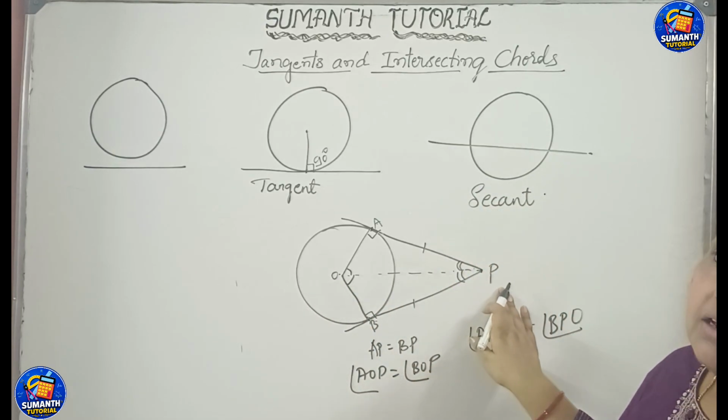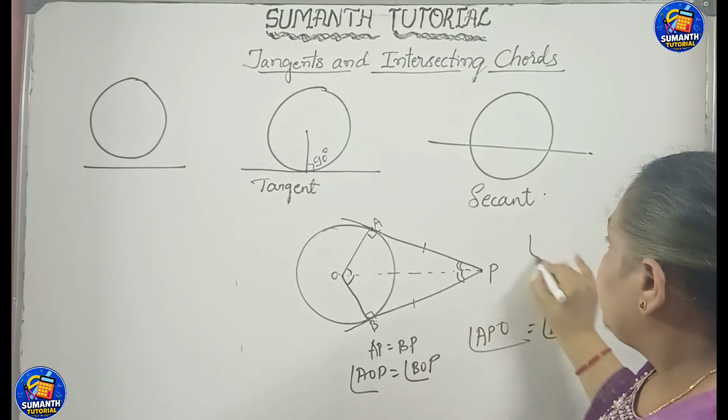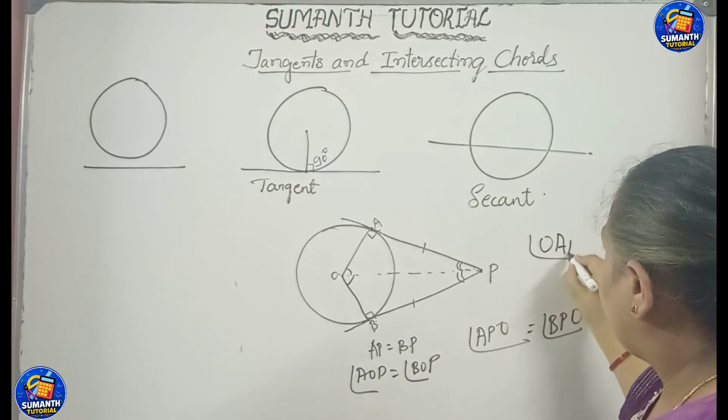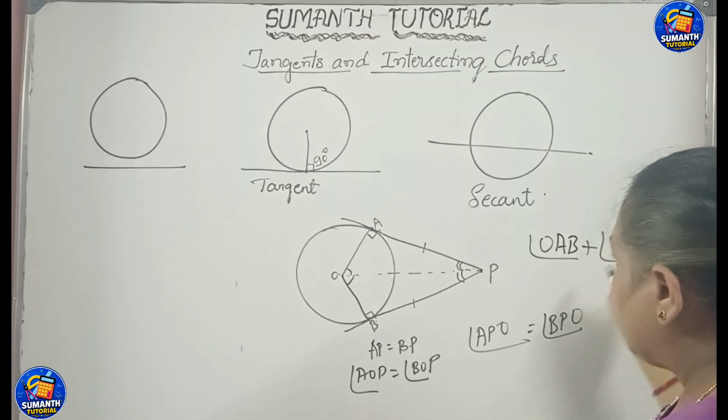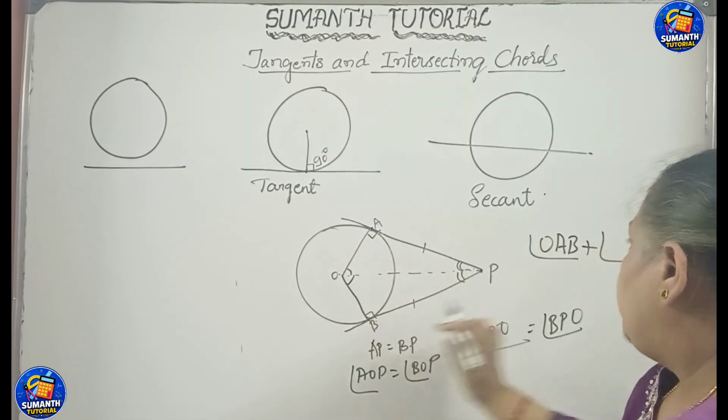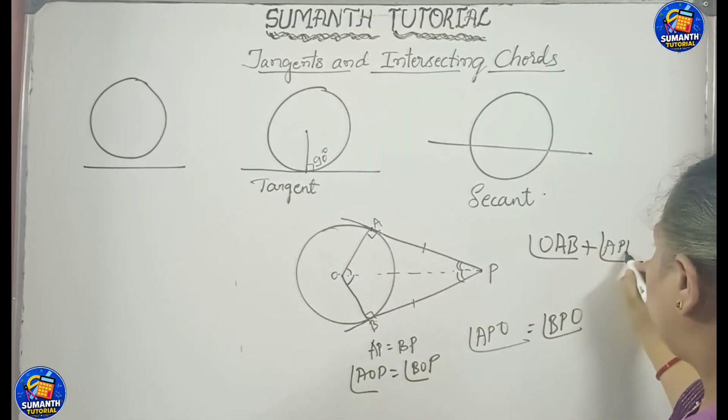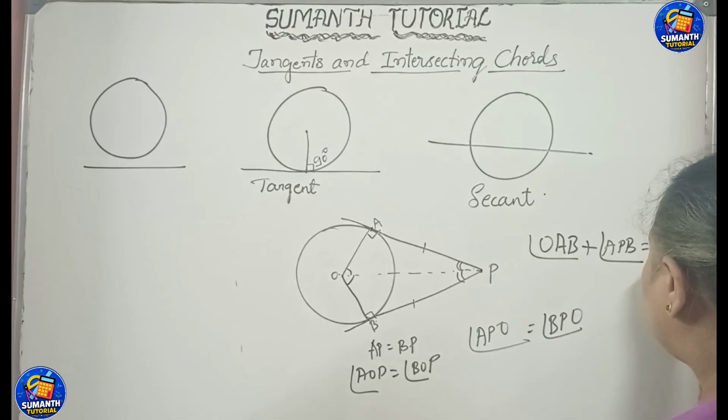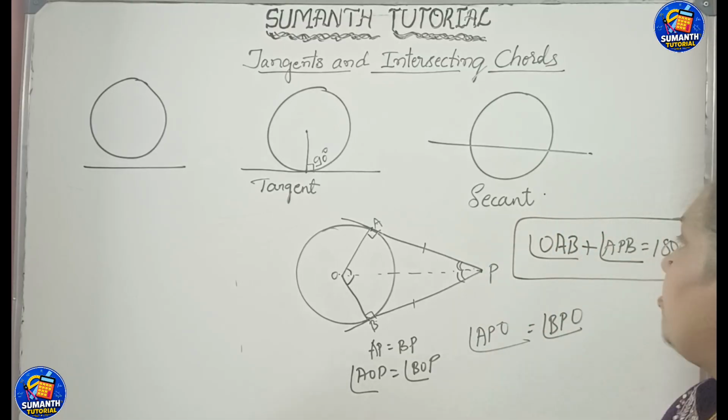If you add the remaining two angles, then angle AOB plus angle APB is equal to 180 degree. This one you have to keep in your mind.